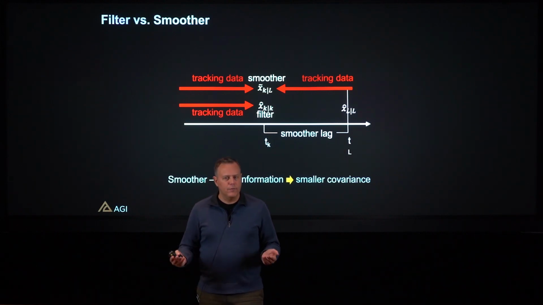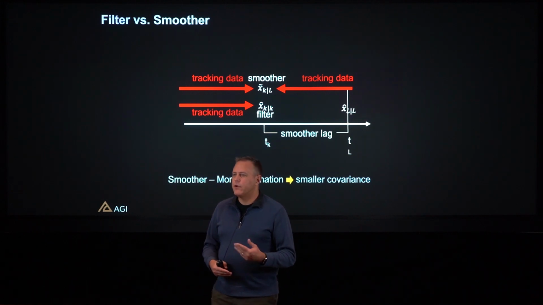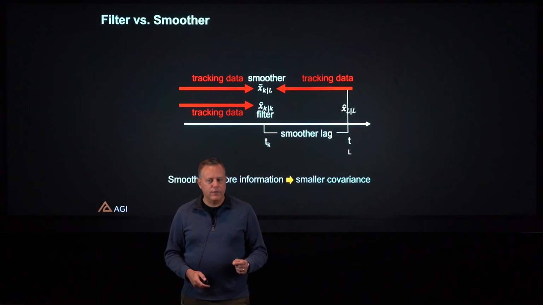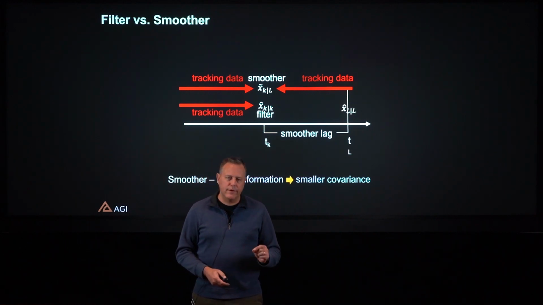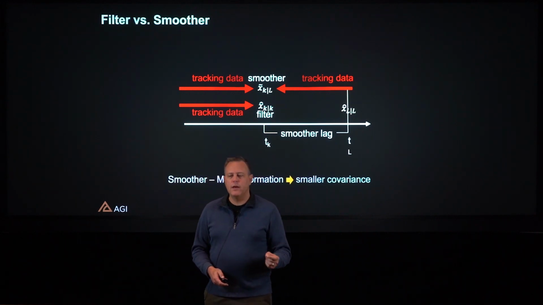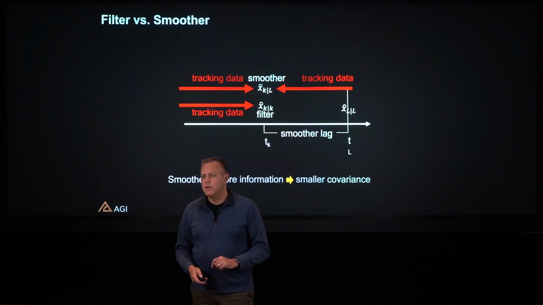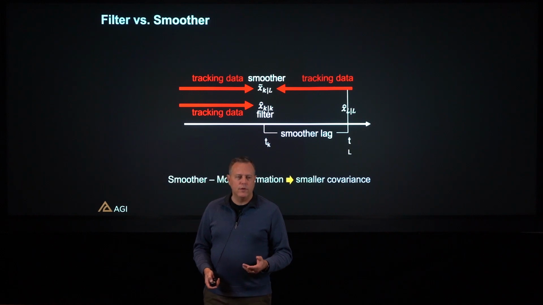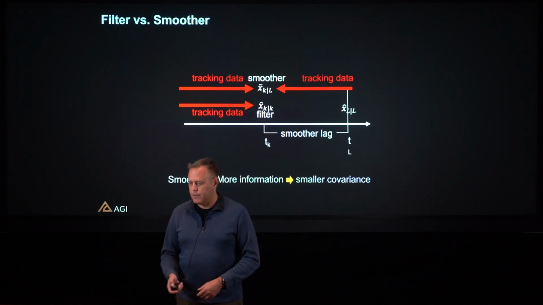And because I have more information, the smoother can make a more accurate or more refined estimate as to what's going on. We're going to take advantage of this because the smoother gives us a smaller covariance, it gives us a better answer, and it allows us to do some really powerful tests, such as what we call the filter smoother consistency test. And this will become very useful in our maneuver processing and diagnostics.